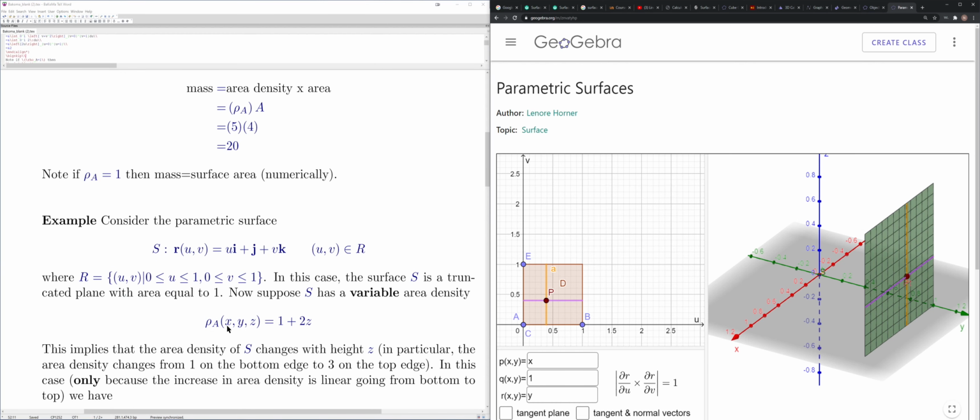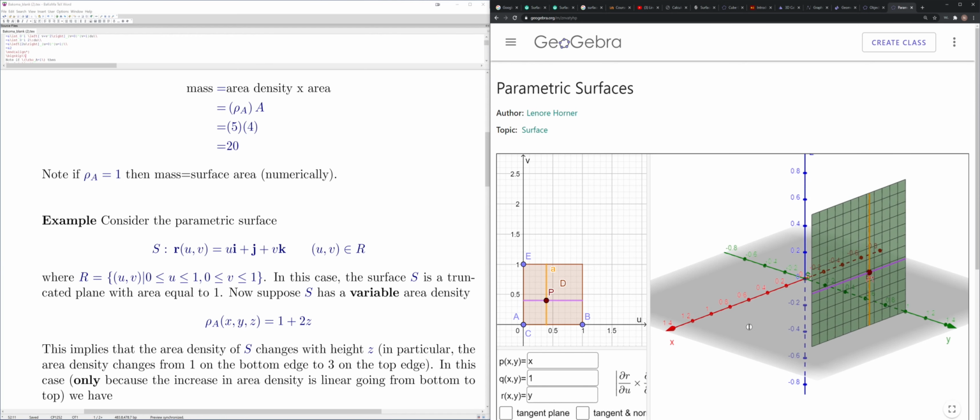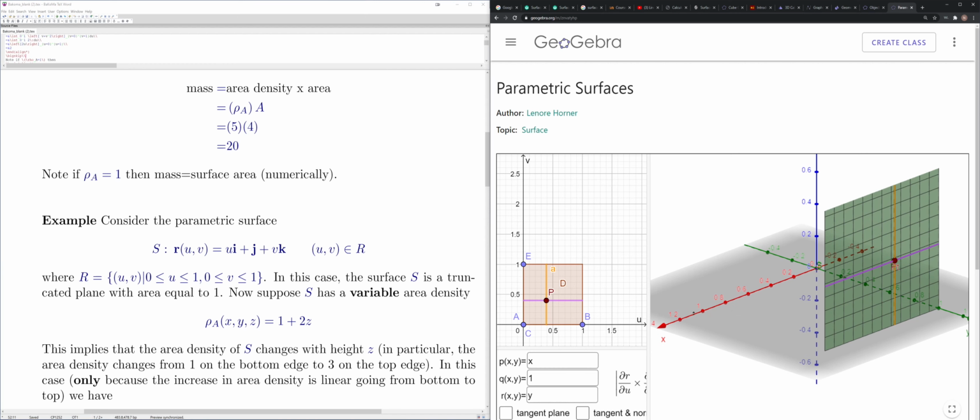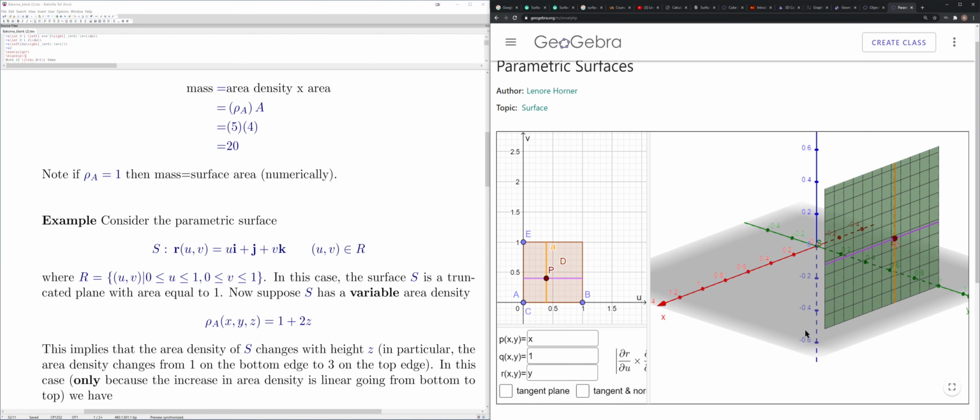This function is rho, the area density function, and it's a function of x, y, and z, which means at different points in three-dimensional space I'm going to get a certain value. This particular function is relatively simple. It just depends on z.